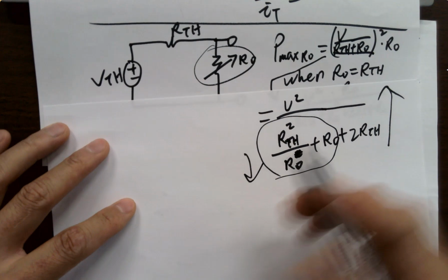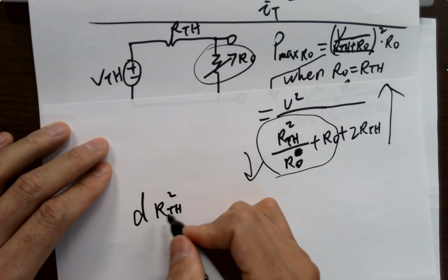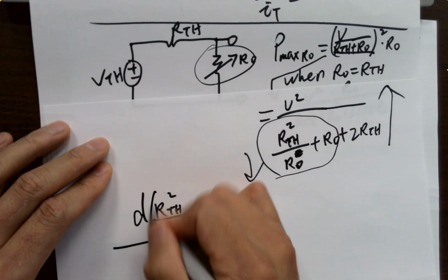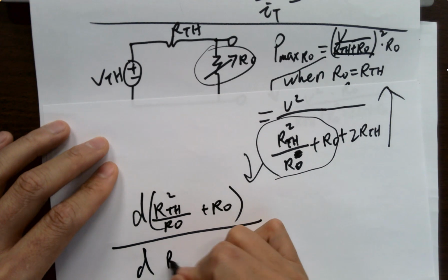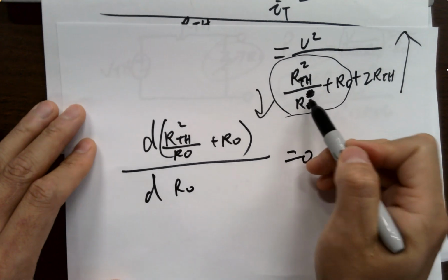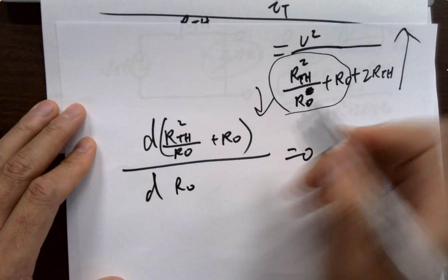How to find the minimum? Take the derivative. This is simple because this is just a minus first power.